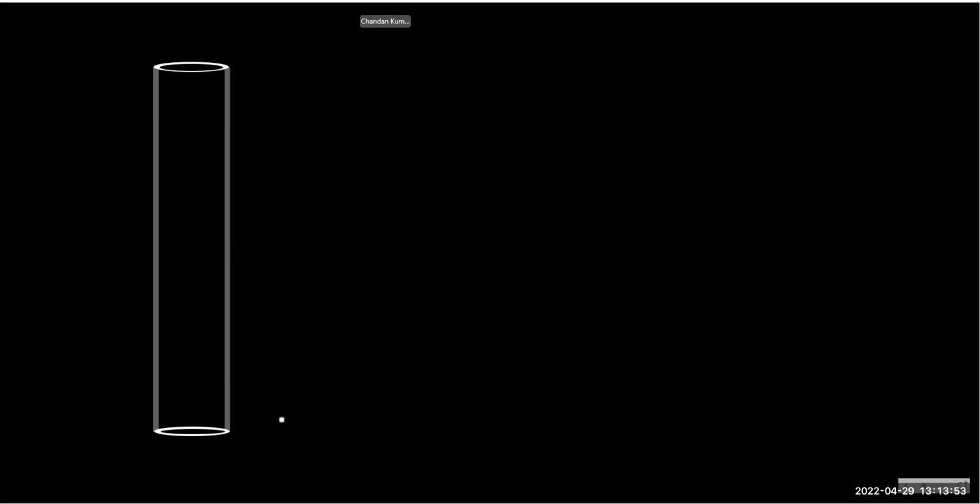So now what we have is the infinitely large hollow cylinder, and sigma is the surface charge density, and the radius of this cylinder is capital R. So this is the radius.